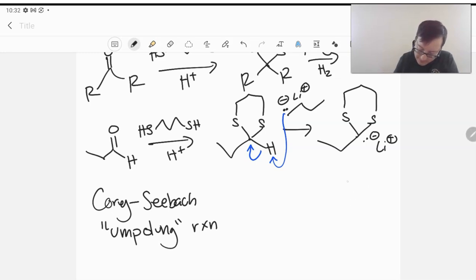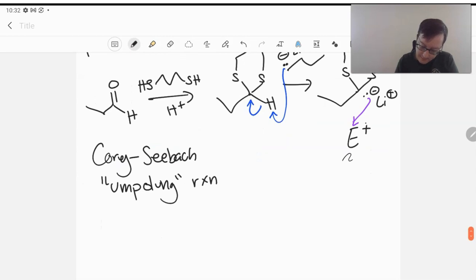And so if we put in some electrophile, I'm going to just say E+, we can nitrate things, we can alkylate things, we can acylate things, we can do all sorts of fun stuff. So I'm going to just put generic electrophile for now. What can happen is we can go ahead and attack that electrophile.